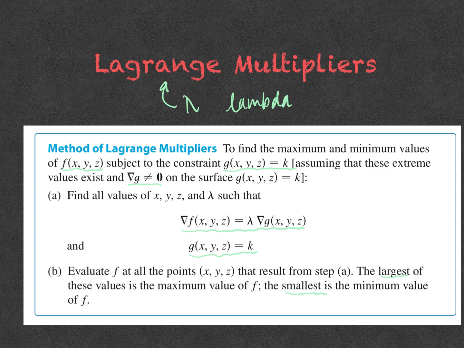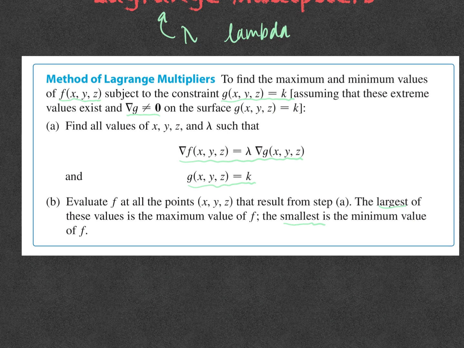Your book goes through a nice geometric explanation as to how this works, but it uses the gradient of both the equation and the constraint. After we find them, we take the partial of f with respect to x, set equal to lambda times the partial of g. We take the partial with respect to y, equal to lambda g sub y.